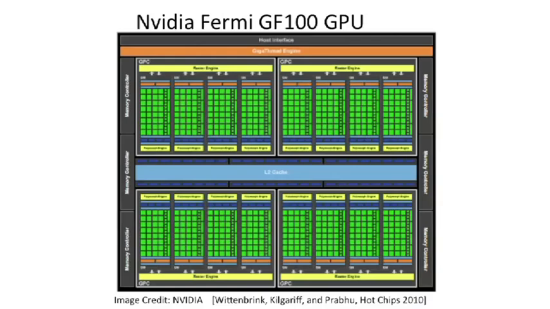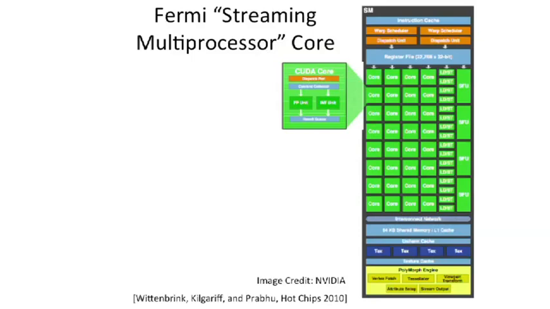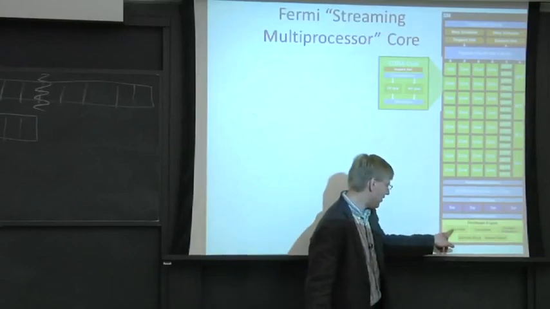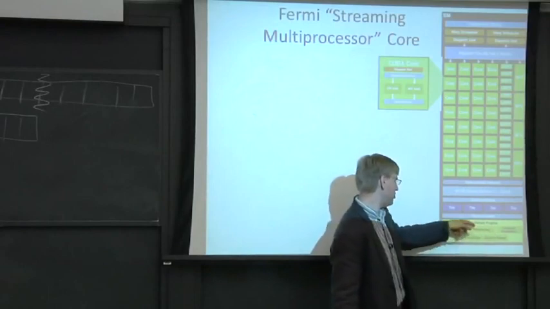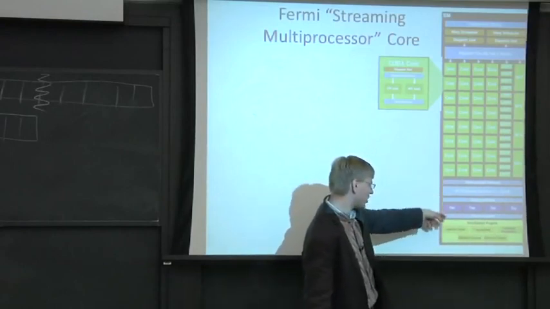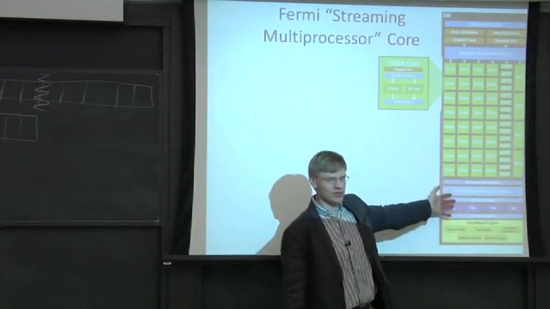They call it the Fermi. This is in that card I showed last time with the Tesla. Let's zoom in on one of these and talk about what's inside. First of all, let's see the stuff that's not programmable, which is actually a significant portion of the design. Down here, they have vertex shaders, tessellation units, texture mapping units, and texture caches. Really, this is all for graphics processing.